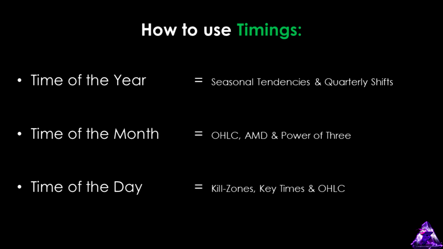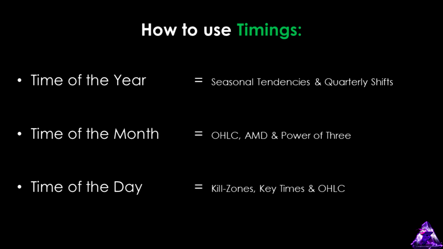Next, we have time of the month. If you're looking for higher probability key times within a month, such as key weeks, you can use concepts like the open, high, low, close concept, which helps divide the monthly candle or range into quarters. You can also use AMD to profile the market, or the power of 3 to build a narrative for the monthly range.